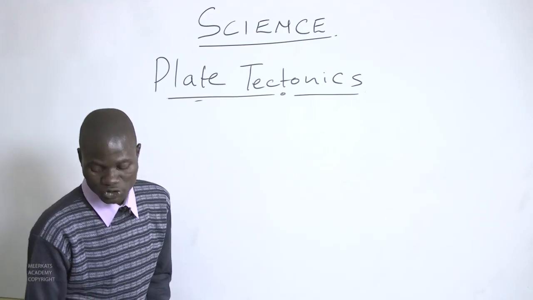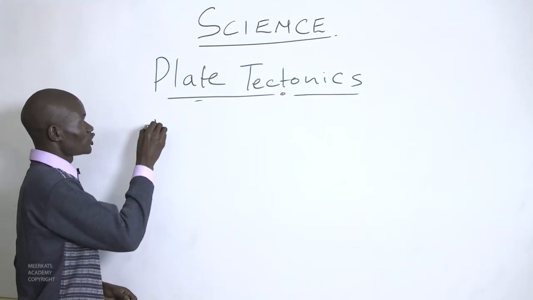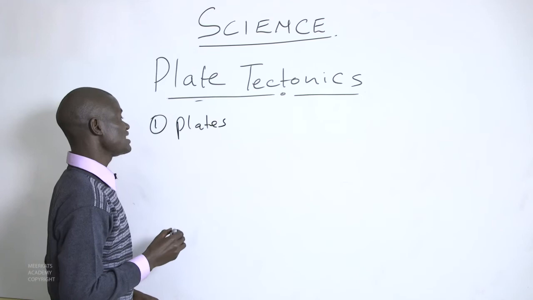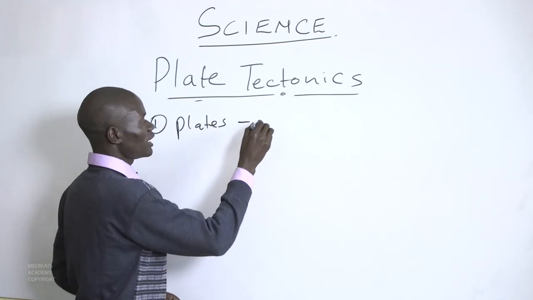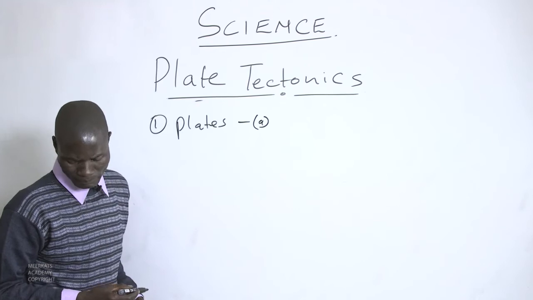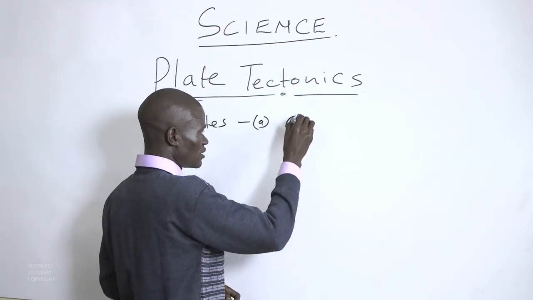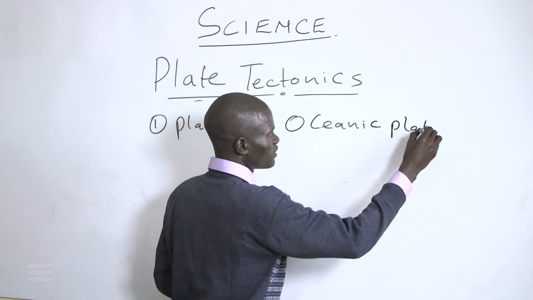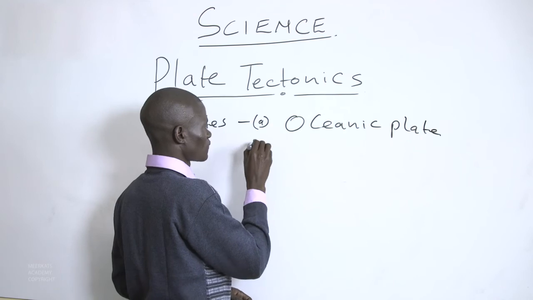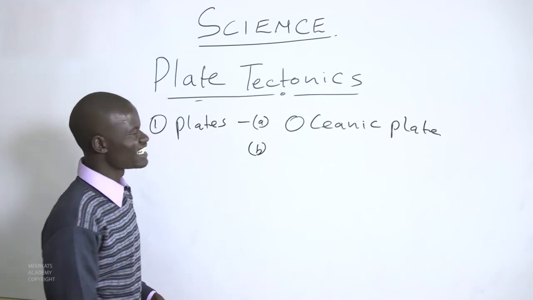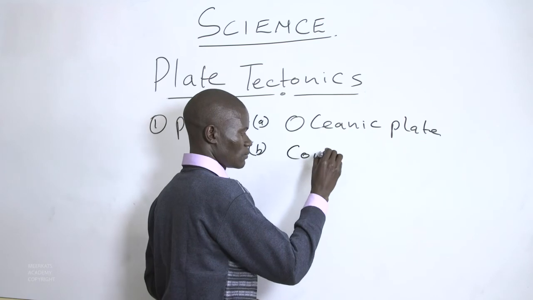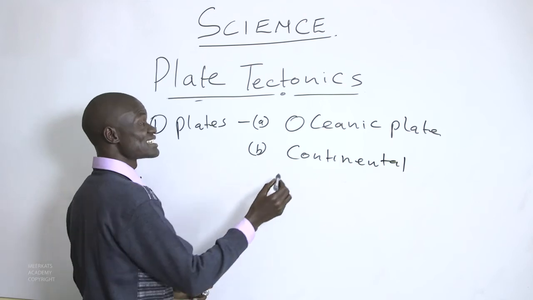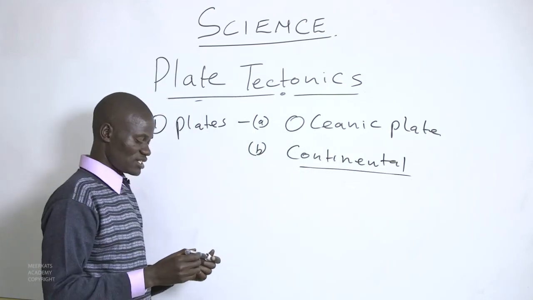We need to be able to understand that there are 2 types of plates. One, we have the oceanic plate, and then also the continental plate. There are actually 2 plates that are trying to play around each other.